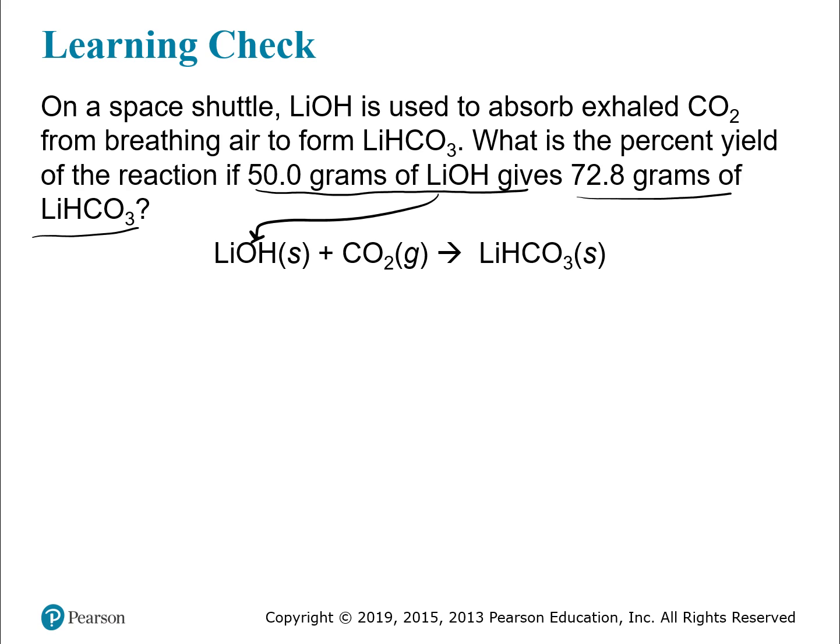So that's going to be what we use to calculate the theoretical yield. 72.8 grams of lithium bicarbonate, that's the product. So this is our actual yield, and we'll use that when we calculate the percent yield. First, we'll calculate the theoretical yield from 50 grams of lithium hydroxide.